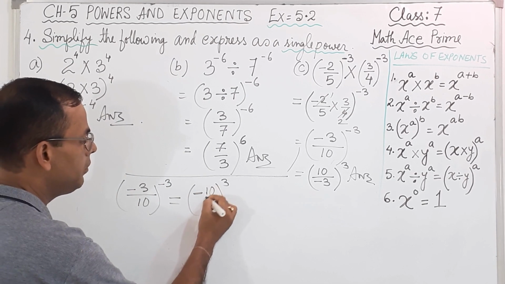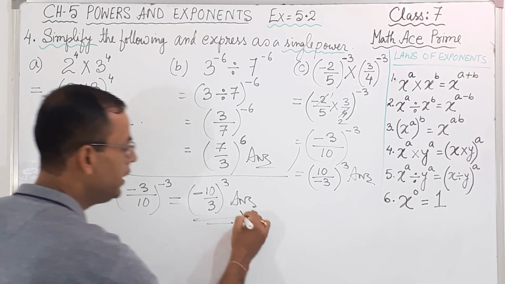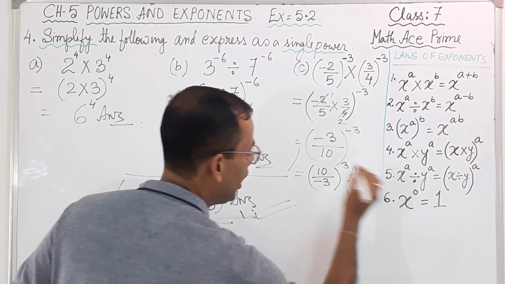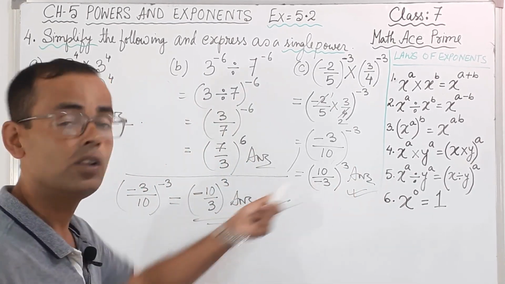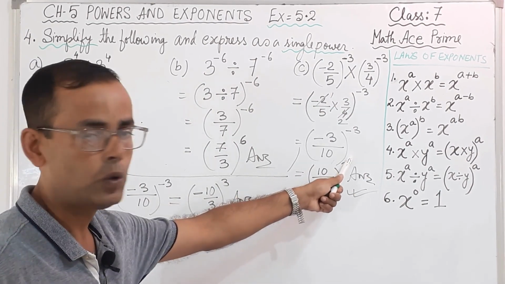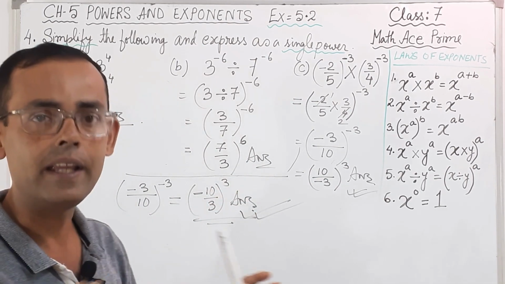So 10/3. So if you write the answer like this also, it is 100% right. And if you write the answer like this, how it is given in your book, that is also right. 10 by minus 3 to the power 3 and minus 10/3 to the power 3, same only.